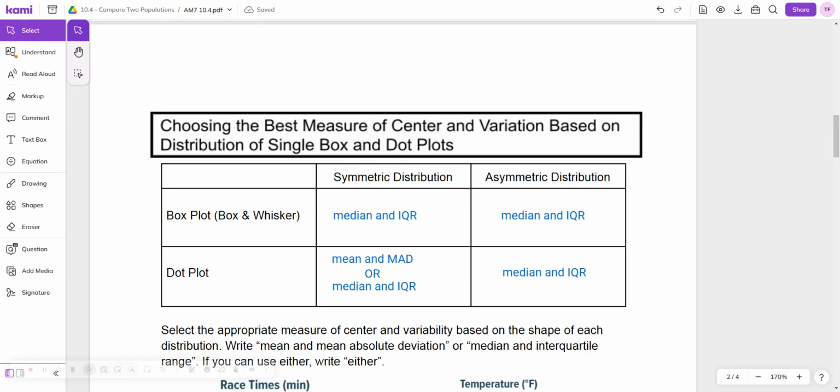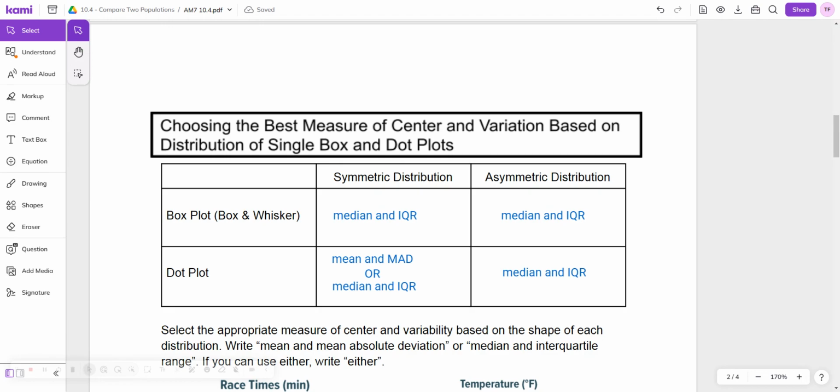If we use mean to represent the center of our data, then we're going to use the mean absolute deviation to represent the variation. If we use the median, then we're going to use the IQR to represent the variation. Okay? So just think of it this way: mean and MAD go together, and median and IQR go together.